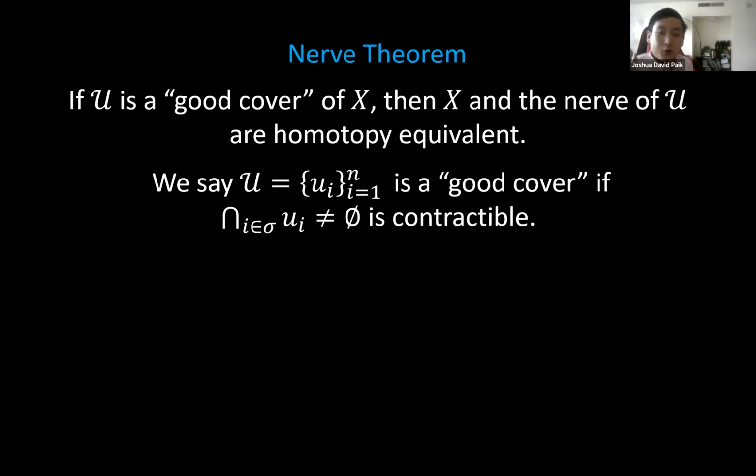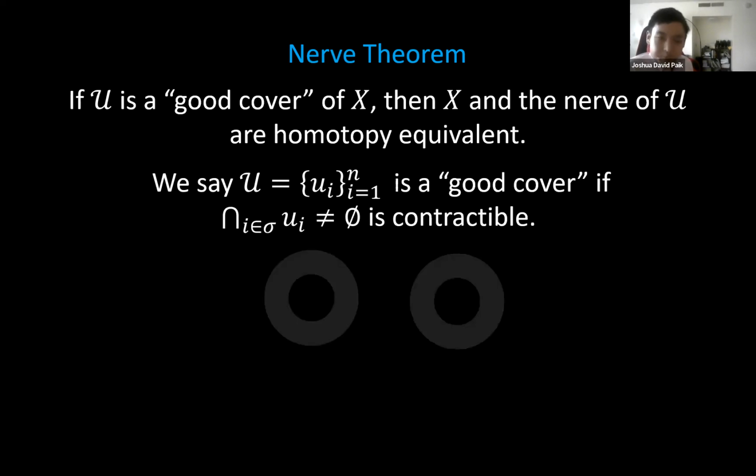And I put good cover in quotation marks. What do I mean by good cover? What I mean is that if we take any collection of constituents of the cover, and if these have non-empty intersection, then the non-empty intersection is contractible.